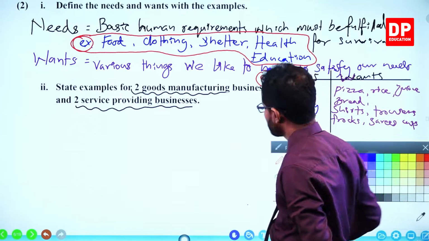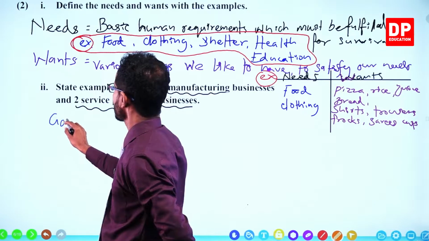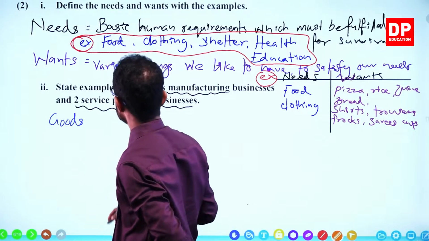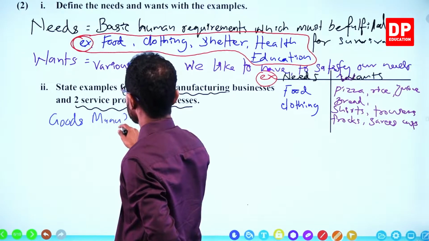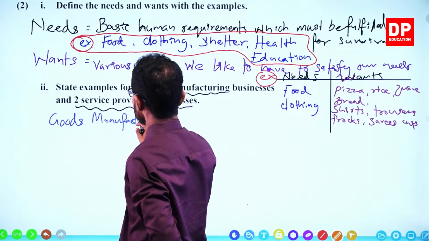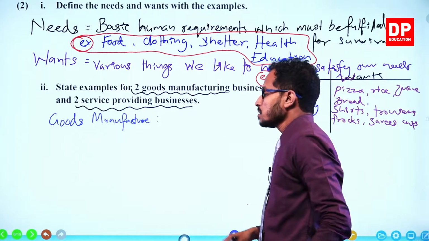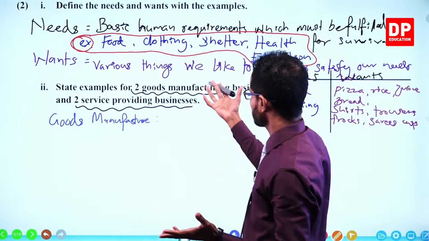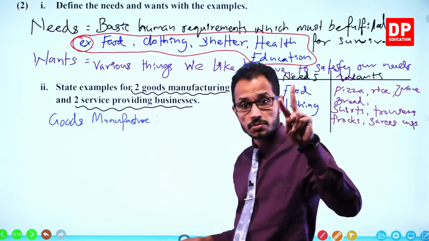I'm going to take goods producing businesses first. Goods manufacturing businesses. What type of businesses? We have to write examples.